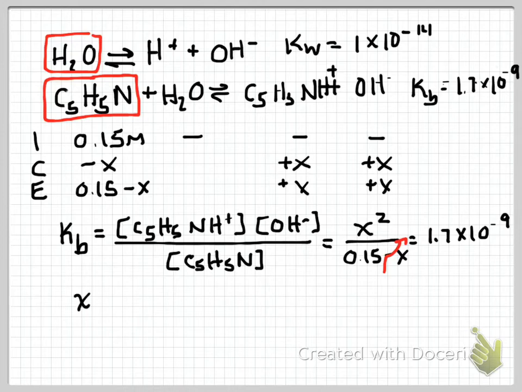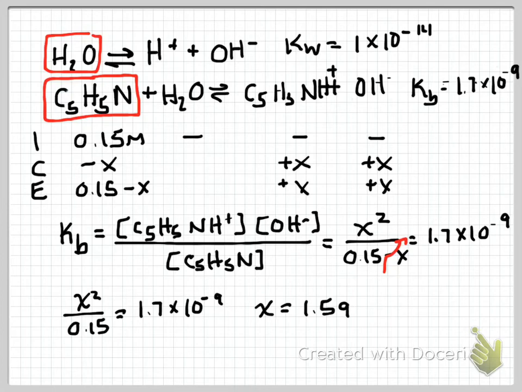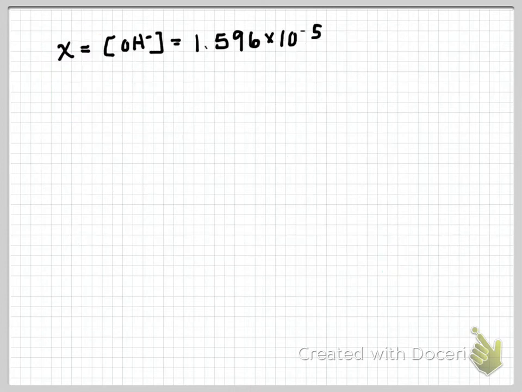So solving x squared over 0.15 equals 1.7 times 10 to the minus 9th, x is going to equal 1.596 times 10 to the minus 5th molar. So our hydroxide ion concentration equals 1.596 times 10 to the minus 5th.